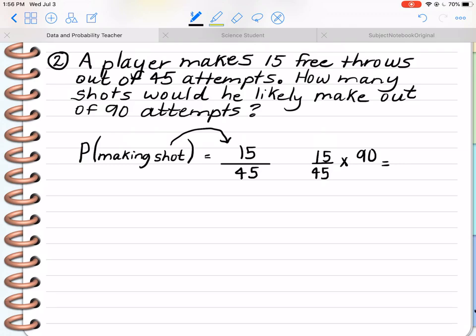So 15/45 times 90 should be 30, but let me be sure. Sometimes I think I know and then I don't really know. So we're looking at 30 shots made. This is a prediction. I can't promise you that. We'll say it's 30 shots likely made out of the 90.